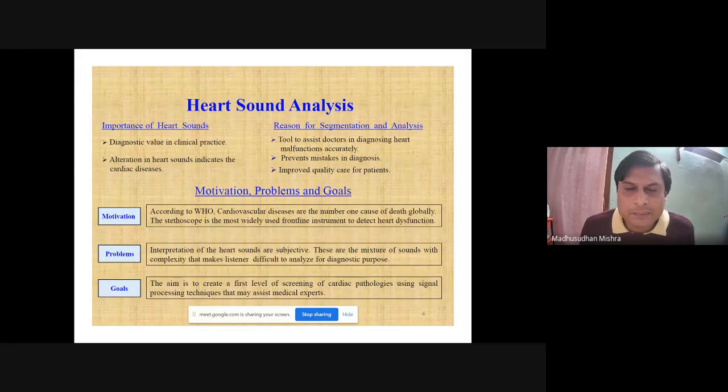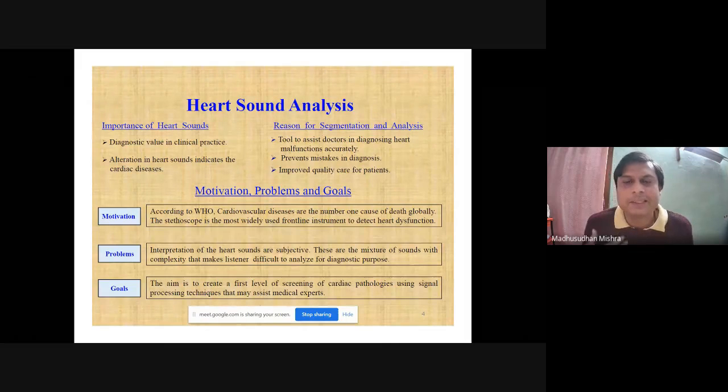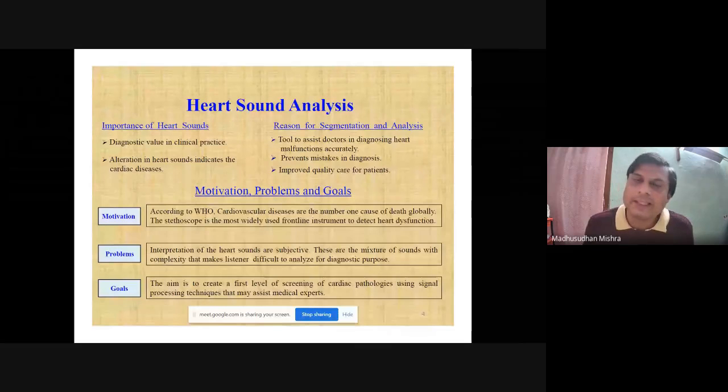The most conventional and easiest method is the auscultation process. The stethoscope is the most widely used frontline instrument, and it has become a symbol of the medical profession, used to detect cardiac abnormalities.